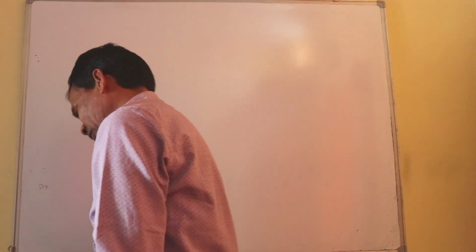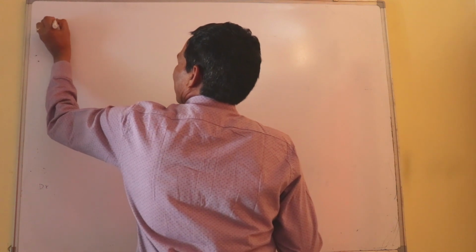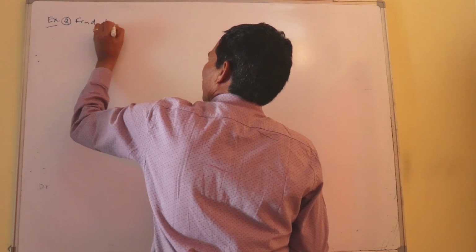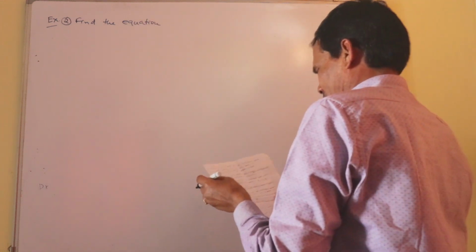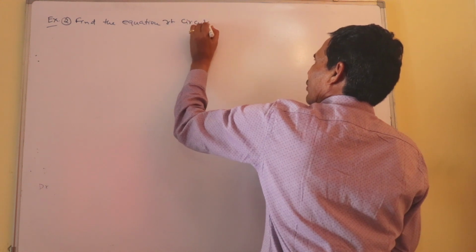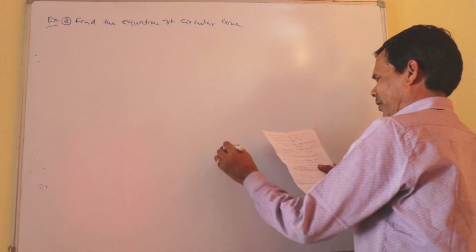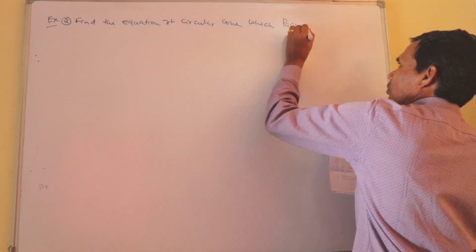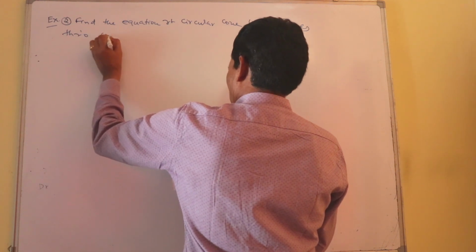Second example, find the equation of the right circular cone which passes through the point 1, 1, 2.